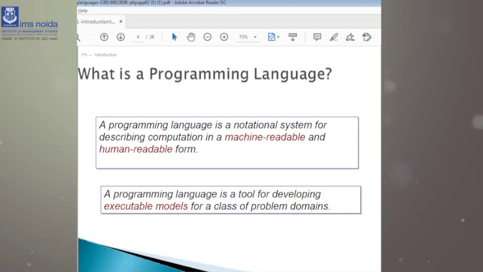The machine understands the binary code and humans only understand English. So when you write a code, you do coding in the English language, but it will be converted into machine language, right?